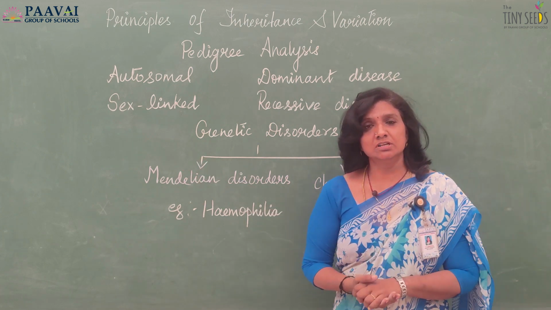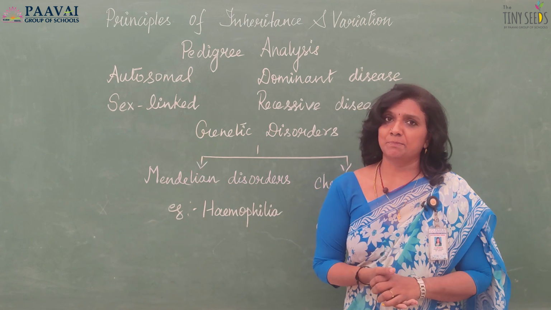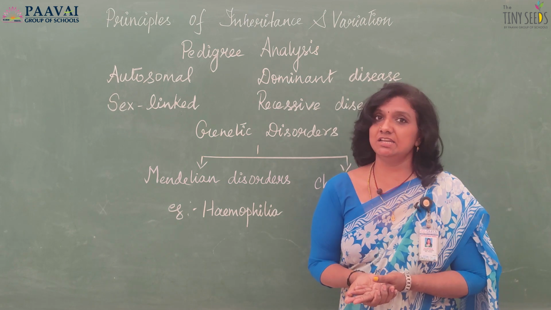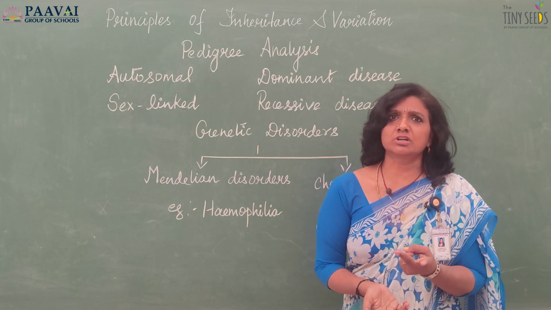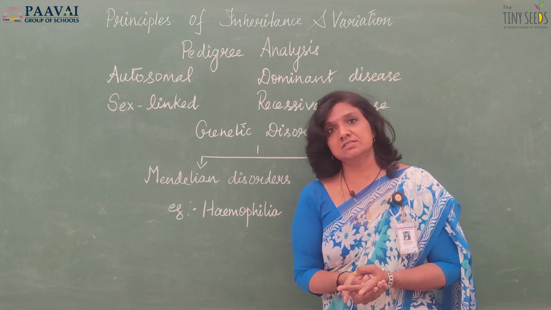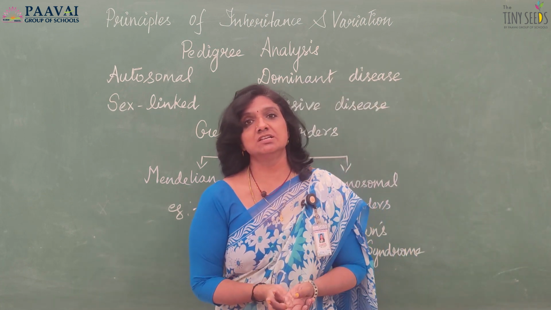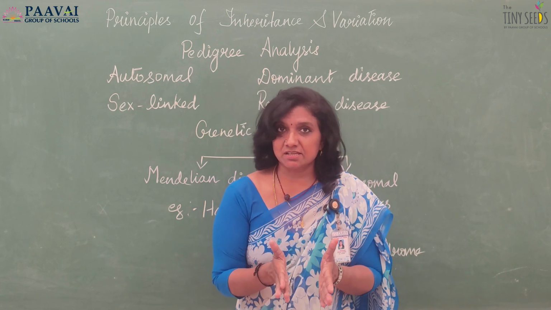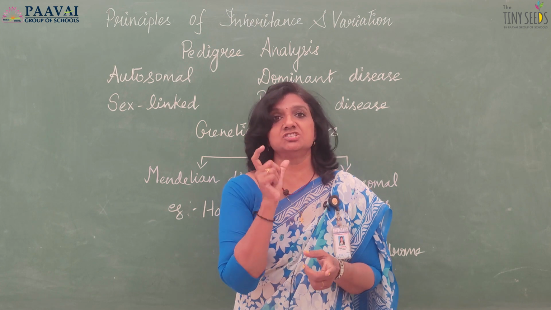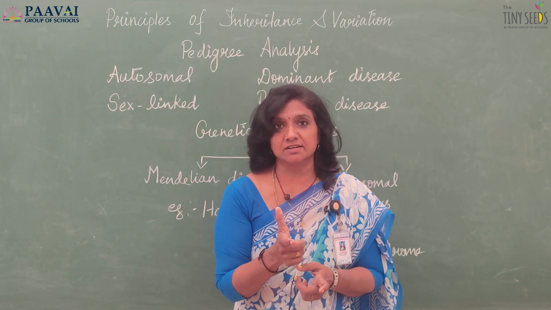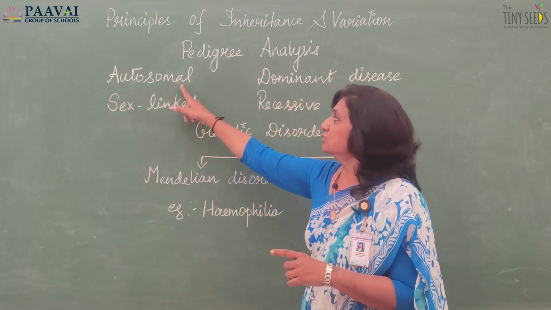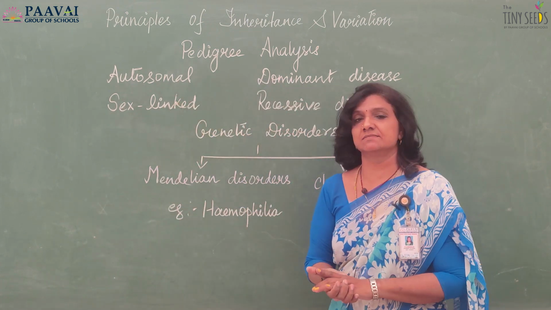As you all know, the genetic disorder happens because of the genetic material, which is nothing but DNA. There are two types of chromosome. One is autosome, another one is allosome. If there is a mutation in the autosome, then we can call that one as autosomal disease.